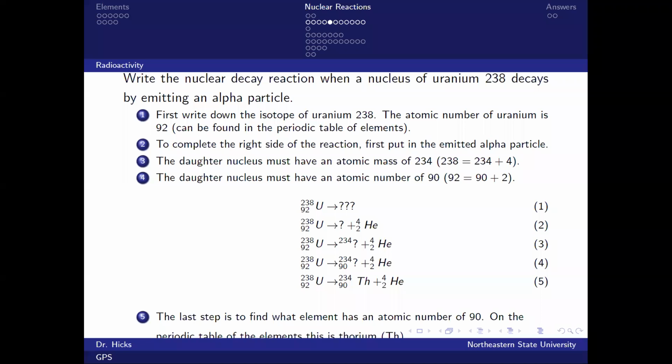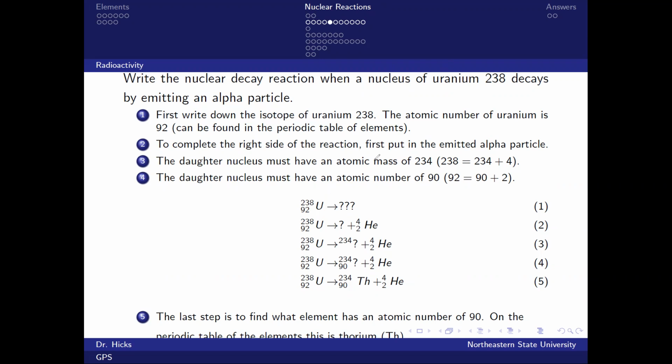I can figure out the atomic number by going to the periodic table and looking up uranium. Its atomic number is 92. So the symbol for uranium-238 is this, U-238-92.